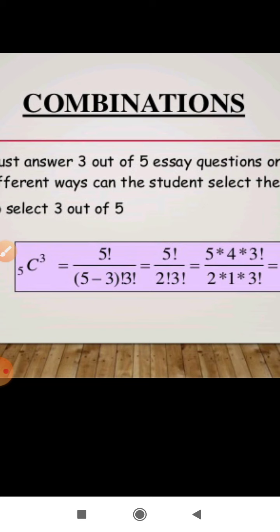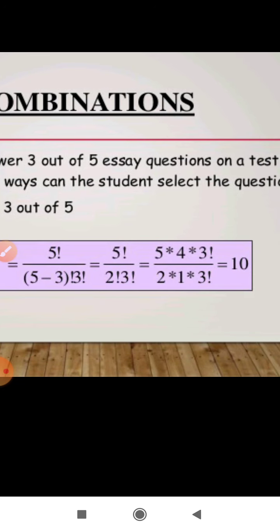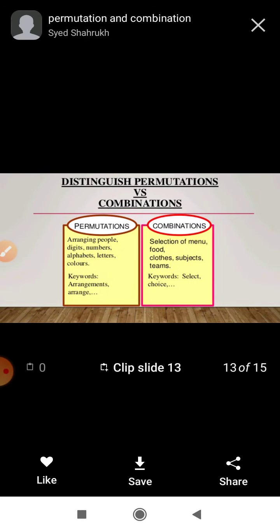Putting the values of n and r, it will be factorial 5 upon factorial 5 minus 3 into factorial 3, which is factorial 5 upon factorial 2 into factorial 3. After expanding the factorial notation, the solution will be 5 into 4 into factorial 3 upon 2 into 1 into factorial 3. So factorial 3 is cancelled out and the answer will be 10.